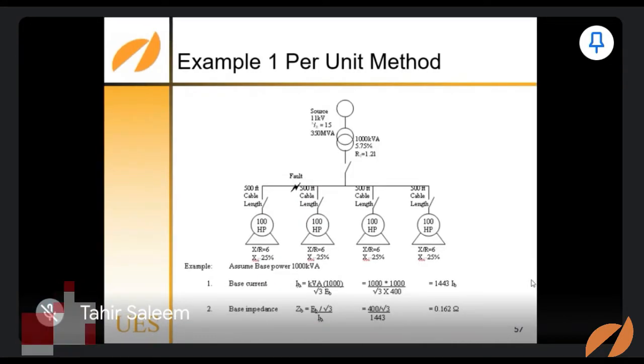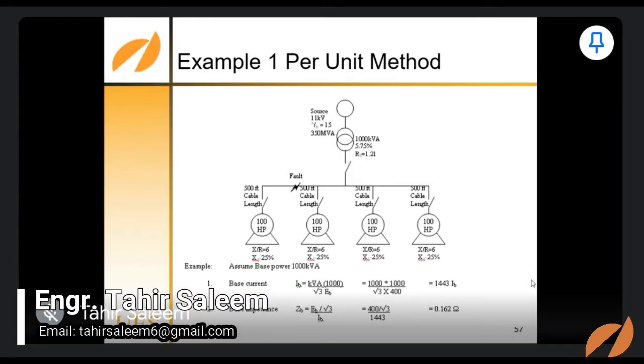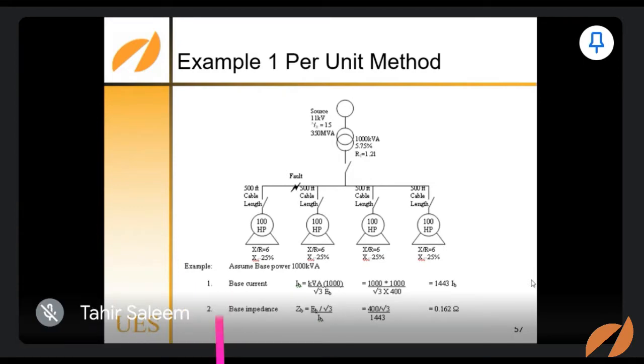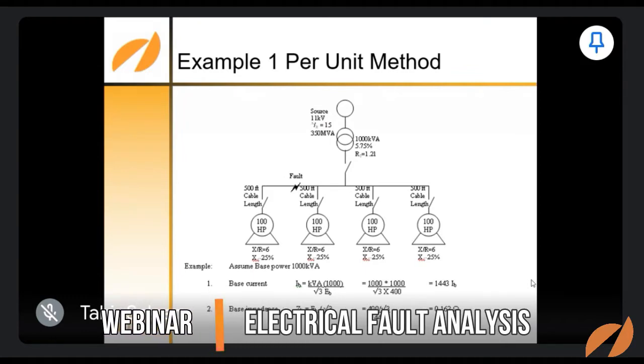Now we come to the per unit method, and in this example you may be a little confused because we will calculate the resistance and reactance. It is a simple application of the formula, nothing else. We have motors of 100 horsepower and sub-transient reactance of 25%.